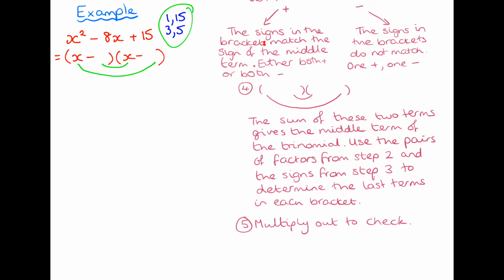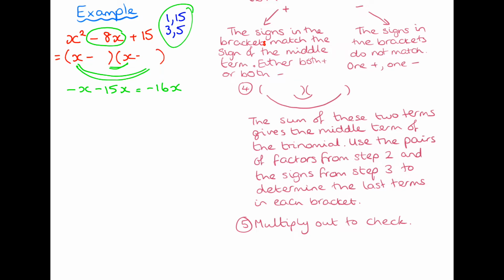If we put 1 and 15 in here, we'd have minus x and minus 15x, which would give us minus 16x, and that's not what we're looking for. We're looking for minus 8x. So it can't be the 1 and the 15. Let's lose them.